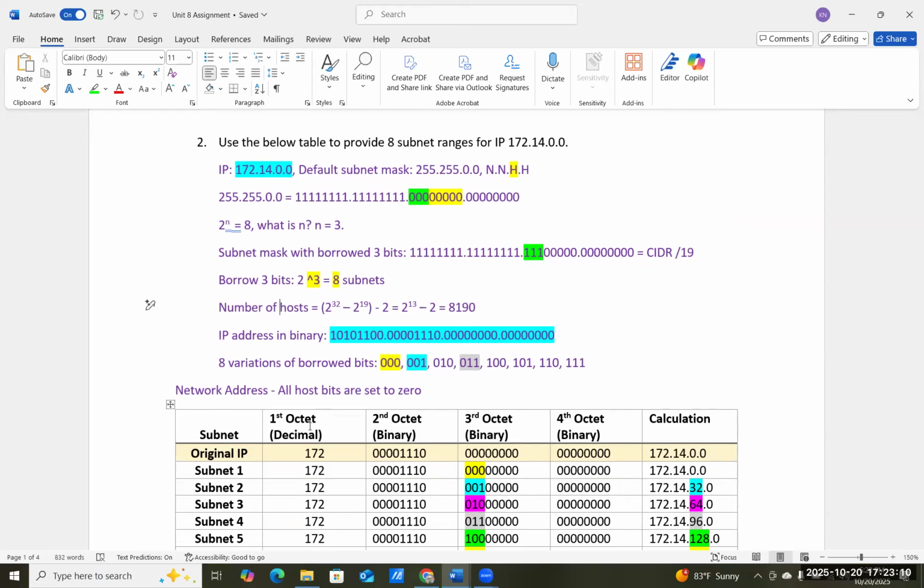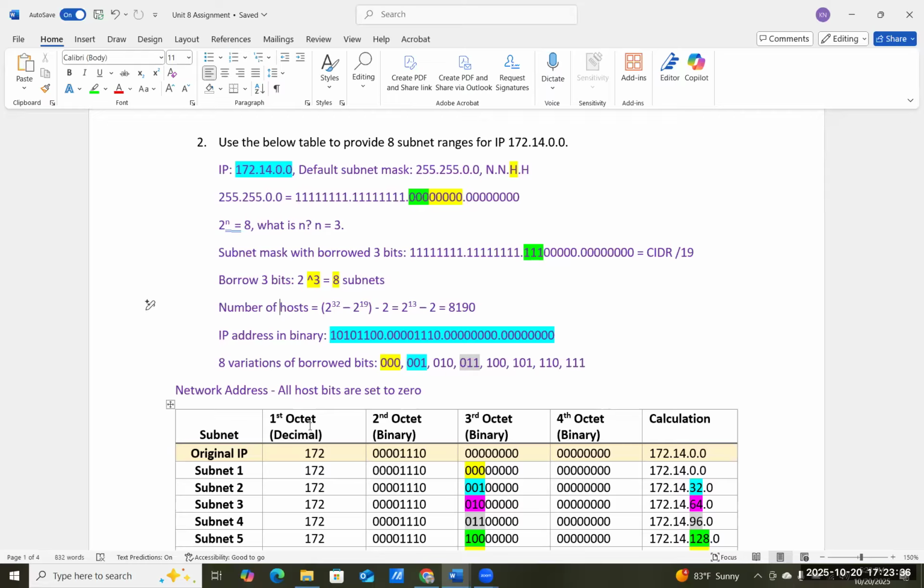In my range, I can only use in between the 0 in the front, that's a network address, and the 255 at the end, that's a broadcast address. So you have to minus the 2 because those 2 are not usable.